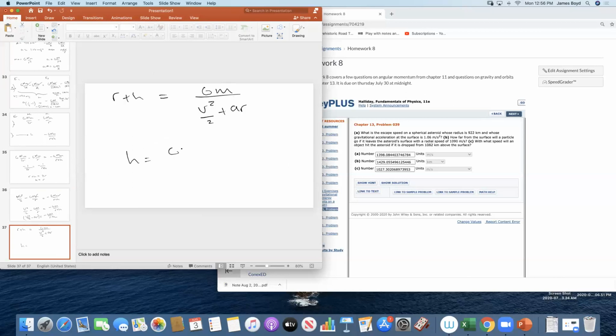And H is equal to GM over v squared over 2 plus aR minus R.